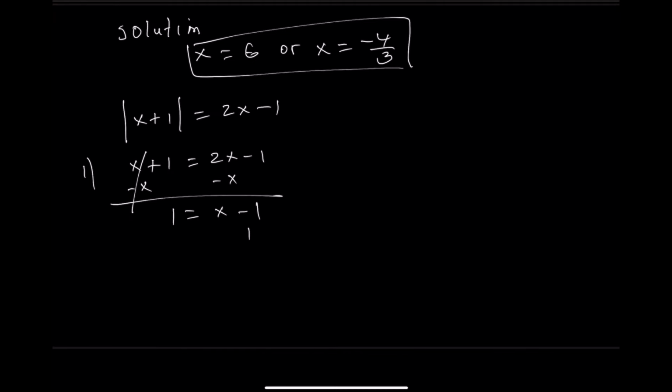Add 1 to both sides. X equals 2. Second equation, x plus 1 equals the negative of 2x minus 1. Distribute the negative. X plus 1 equals negative 2x plus 1.